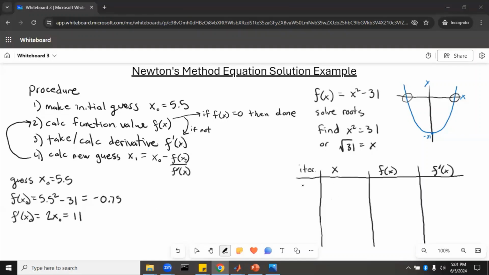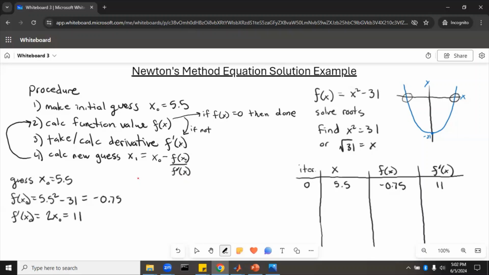All right, so we've got a table here and we'll start filling this out. The first column is iteration. For iteration 0, our guess was our initial one, 5.5. Our function value is negative 0.75, and our derivative value was 11. Negative 0.75 is not really 0, so now we continue the pattern and calculate the new guess. x1 equals x initial minus f of x initial over f prime of x initial.